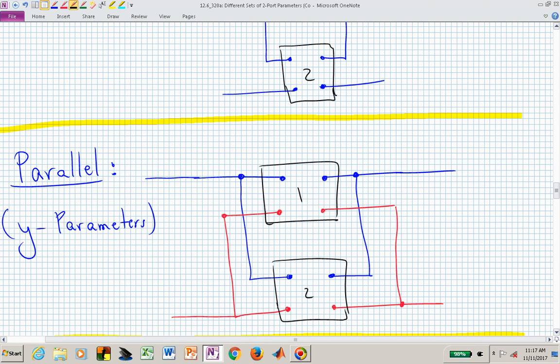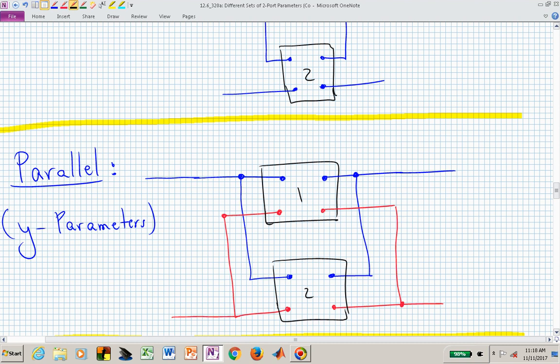Likewise, we're connecting the bottom terminals at both the input side and the output side of port 1 with their respective bottom terminals of port 2, input side and output side.